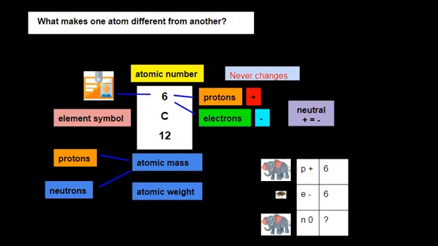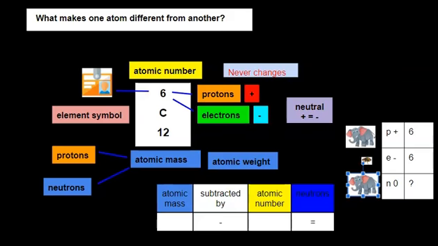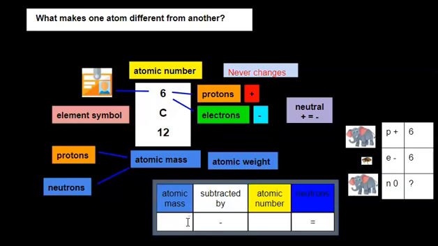And this is where we bring in our formula. Okay, here's our formula. I had to move some things around on our screen to fit it all together. But here's how it works. Notice this box here below our element. To figure out the number of neutrons, we take the atomic mass, which in this case is 12. It's always the largest number on the atom.